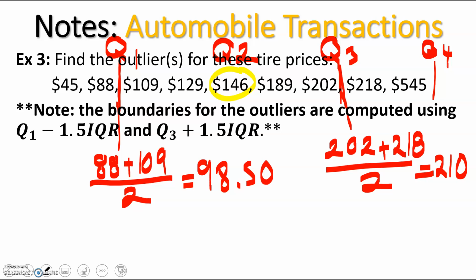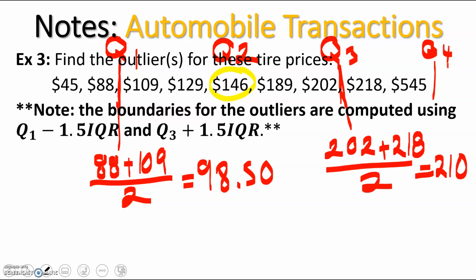Now, in order to determine whether or not you have an outlier in your data set, it has to be either beyond the Q1 minus 1.5 times the interquartile range, or beyond the Q3 plus 1.5 times the interquartile range.